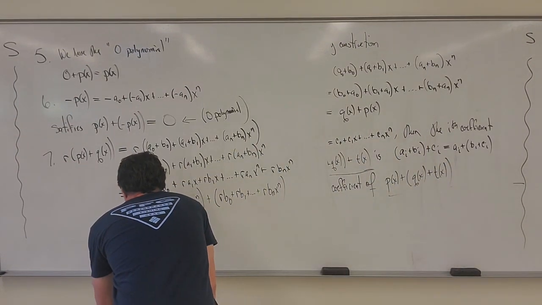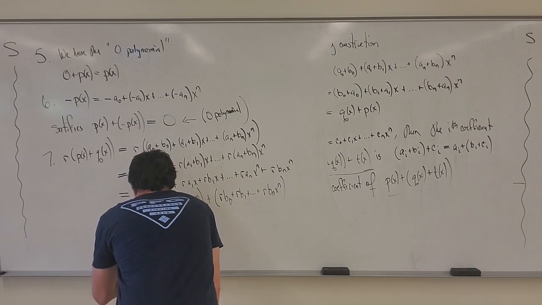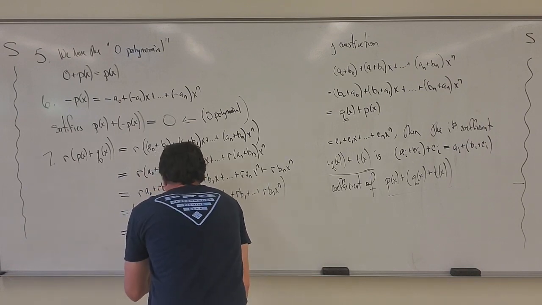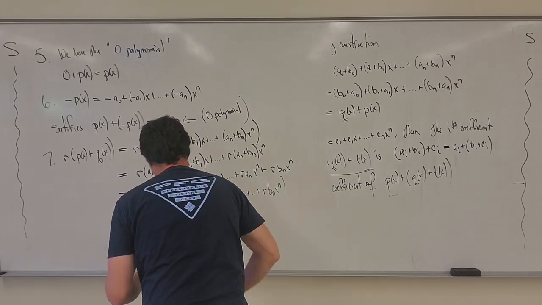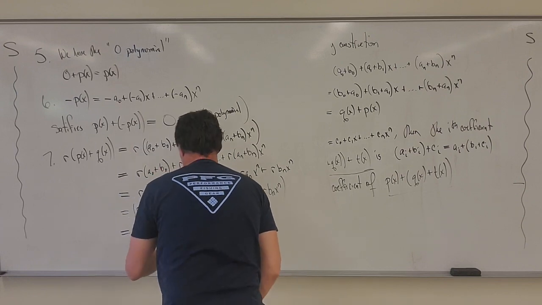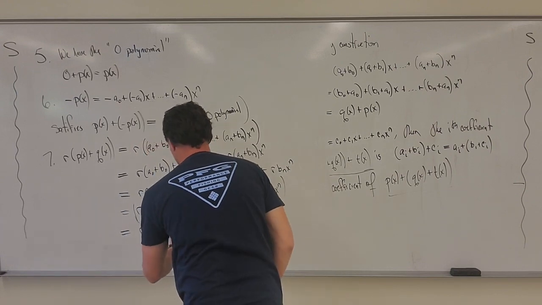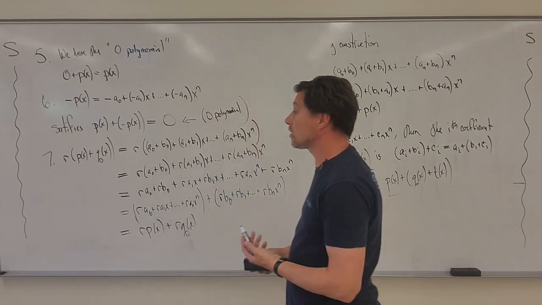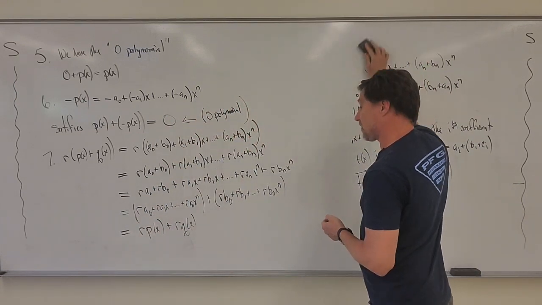And that is r times p of x plus r times q of x. Right, so that tells us that property 7 is satisfied.